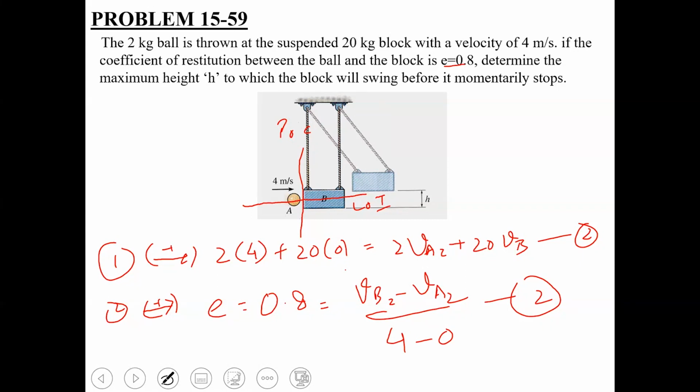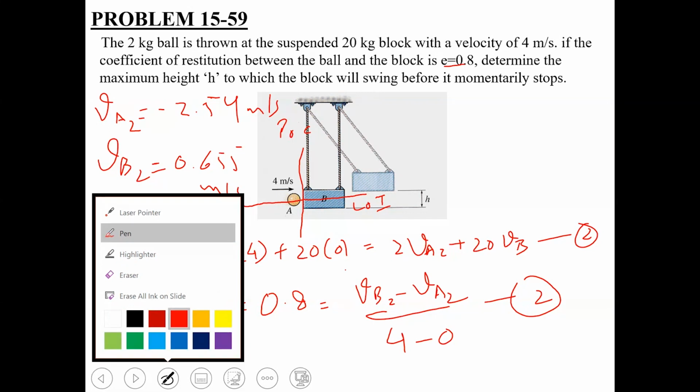Once we solve these two equations simultaneously, they will give us the value of VA2 equal to minus 2.54 meters per second, whereas the value of VB2 comes out to be 0.655 meters per second.